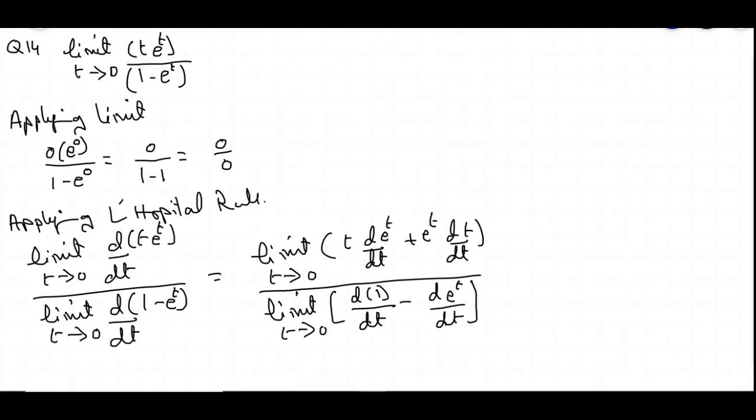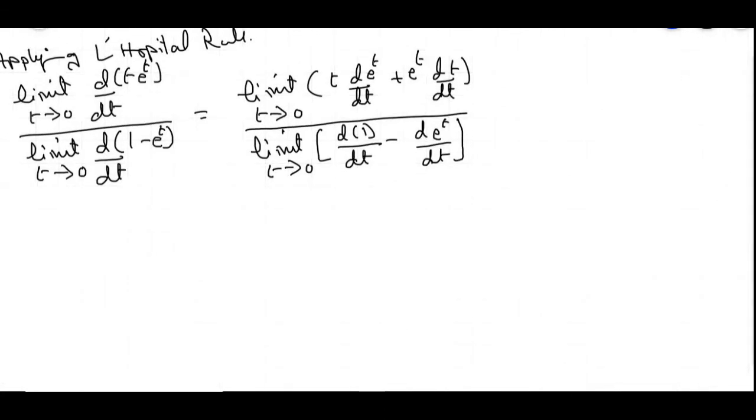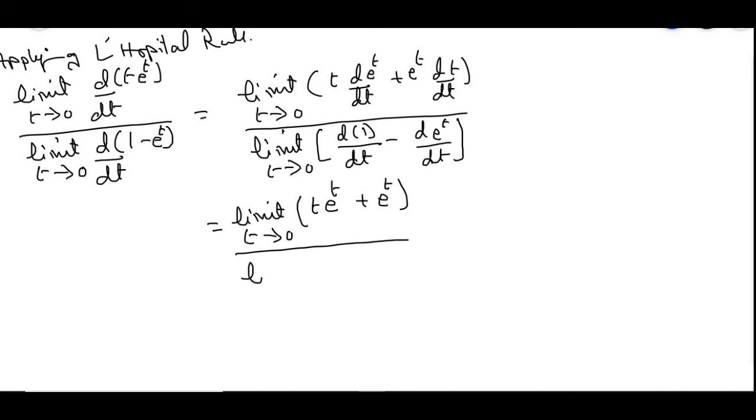So we have limit t approaches to 0 of t e raised to power t plus e raised to power t, whole divided by limit t approaches to 0 of 0 minus e raised to power t.